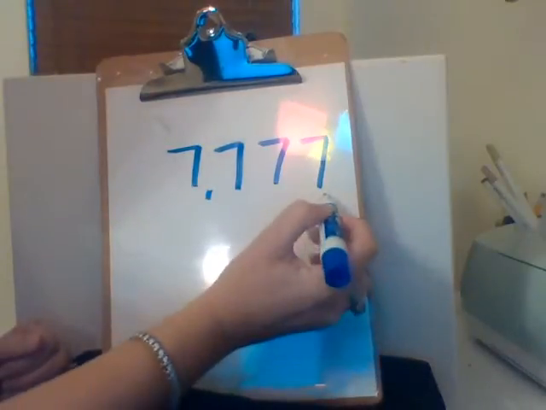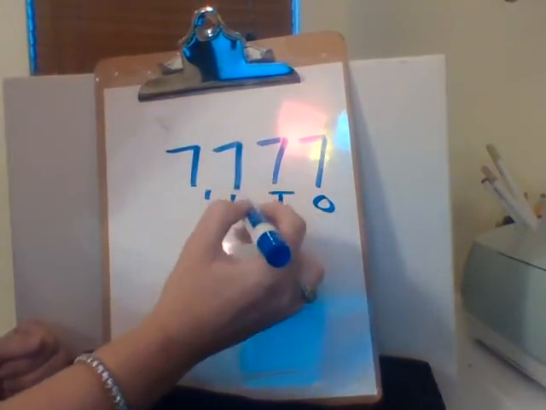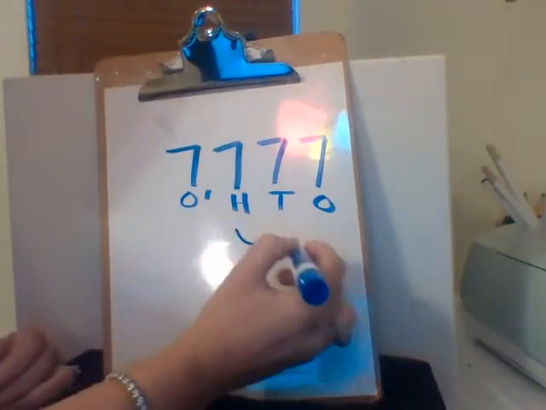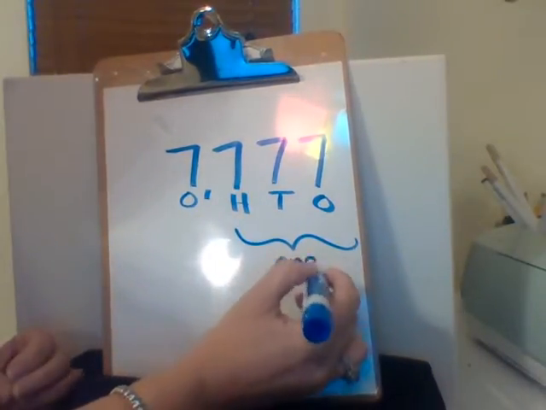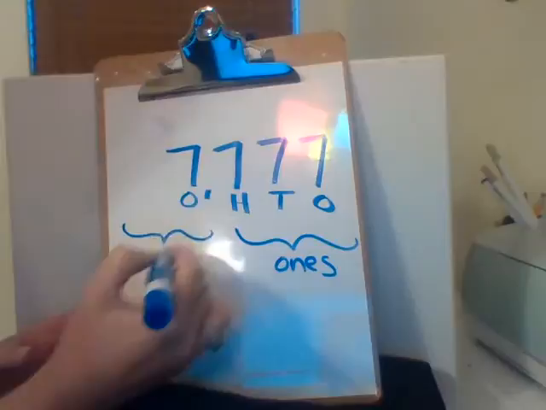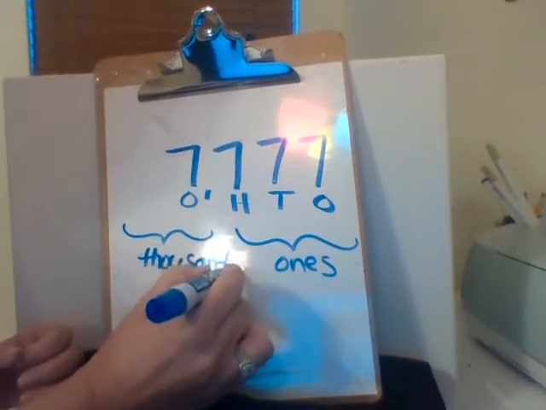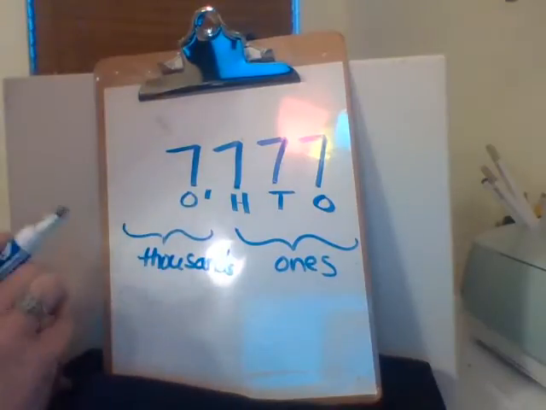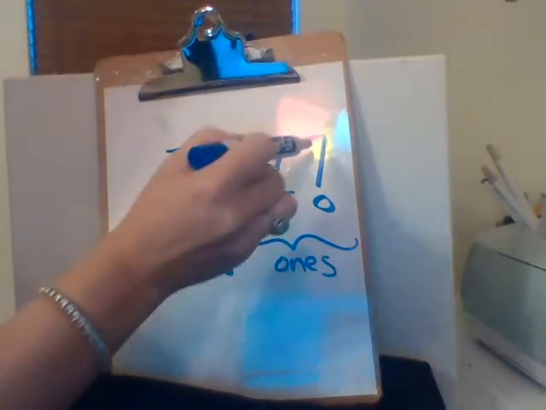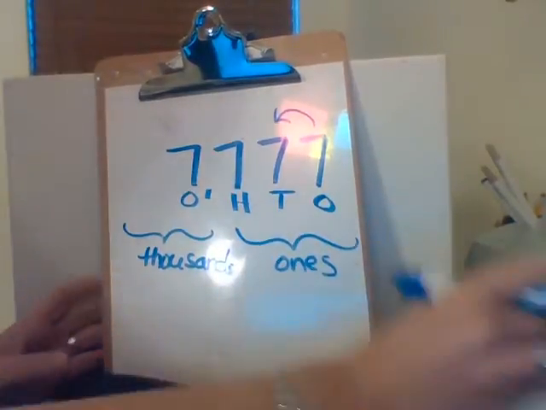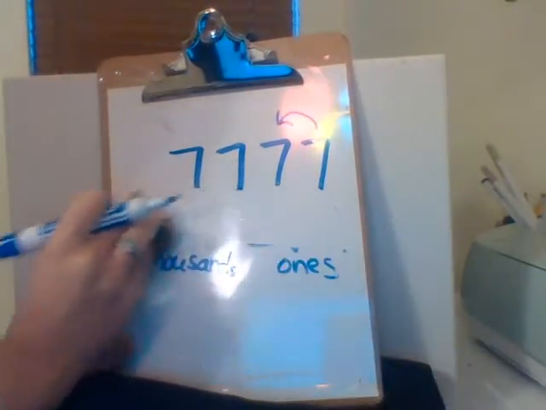We've got 7s in our 1s place, in our 10s place, in our 100s place, and then in our 1,000s place. Once again, I always like to kind of draw this as our little family. This is 1,000s, not just ones. So keep that in mind.